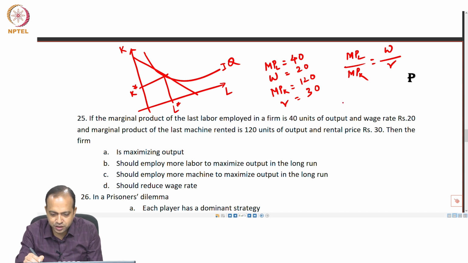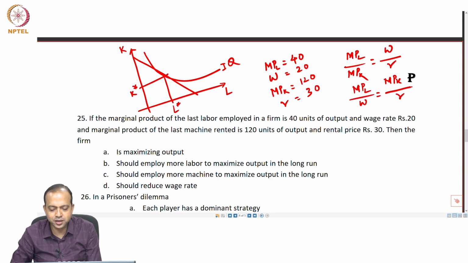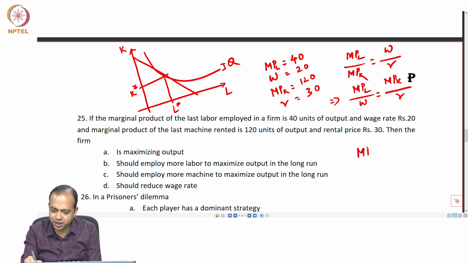Okay. So, that means MPL by W should equal MPK by R. This is the equilibrium, and we said that if there is an inequality, let us say MPL by W and MPK by R, what is the meaning of this?